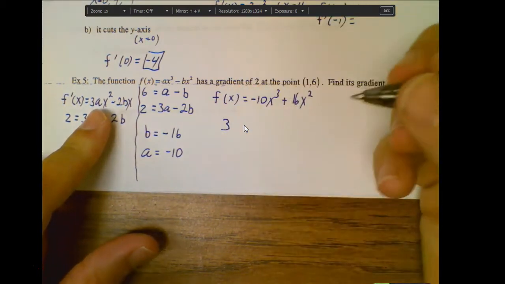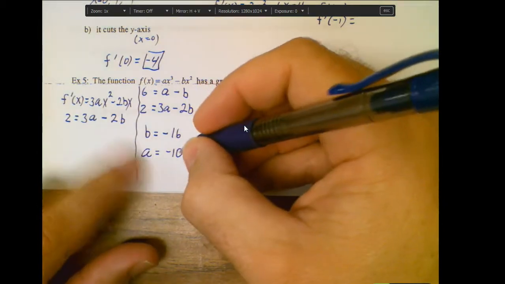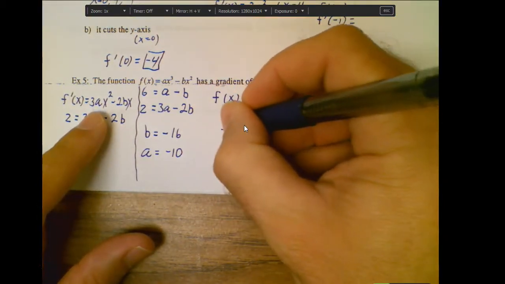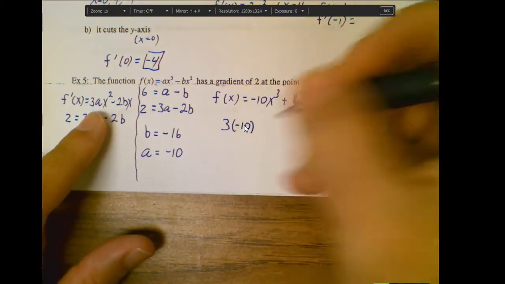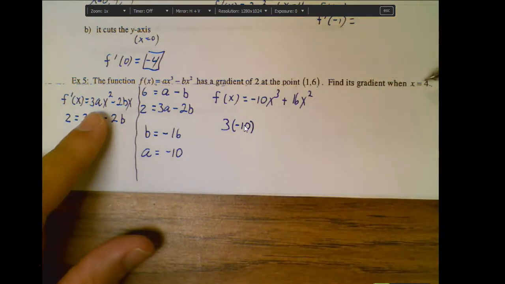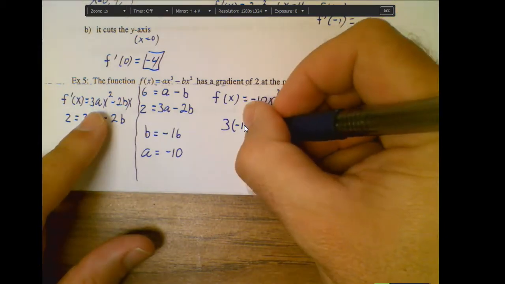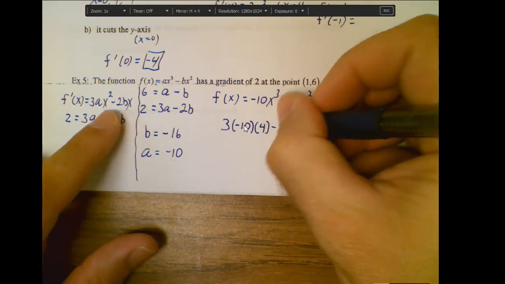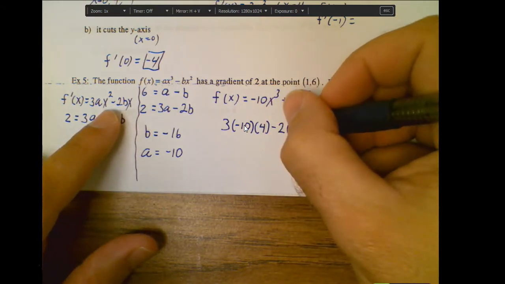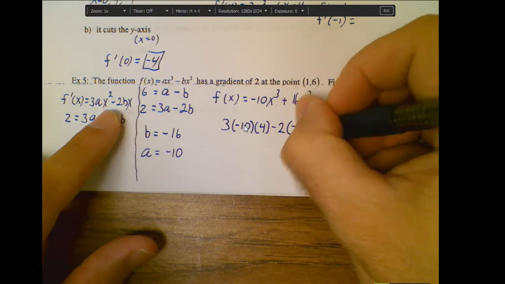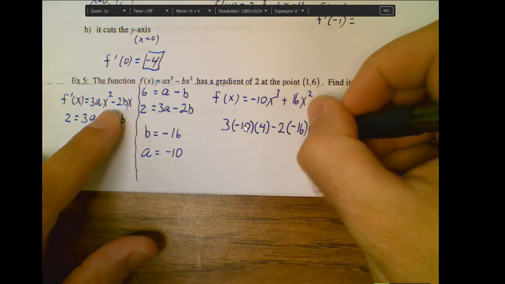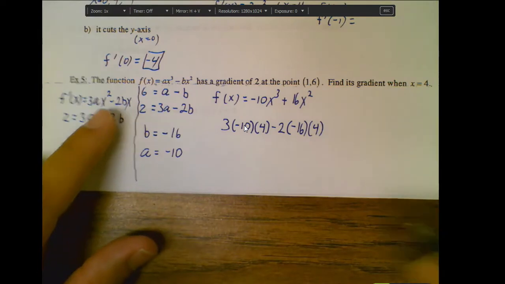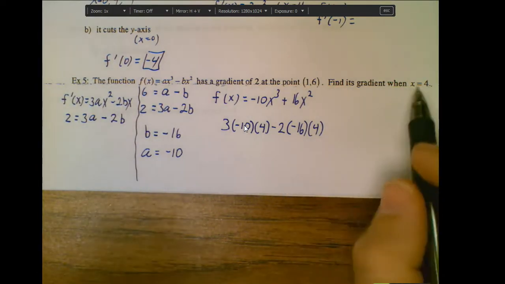I can now replace a with -10, and I can replace x with 4. I can replace my b value with -16, and again, I'm replacing x with 4. And so now I'm looking for the gradient when x is 4.